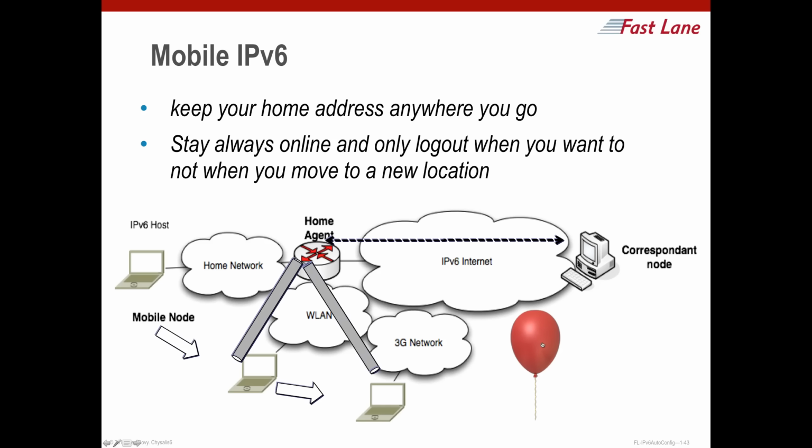You will get a new temporary address for each new location, but for the application, it always appears that you are on your home network. So the application always sees the traffic as if the mobile node was not moving.